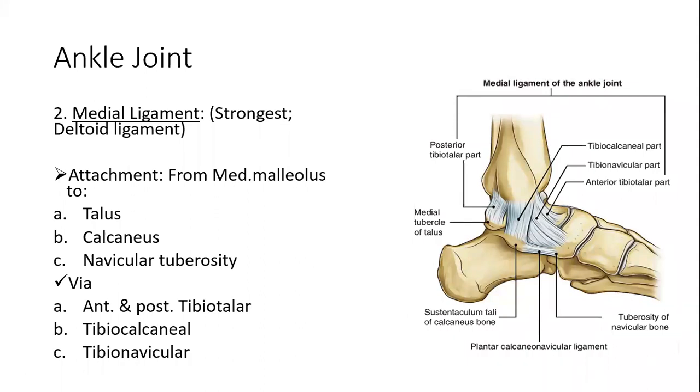And then we have anterior posterior tibiotalar. Here we have its anterior part, and here we have the posterior part. So you can see how this single ligament is almost providing strength from the anterior aspect, the medial aspect, and the posterior aspect to the ankle joint.